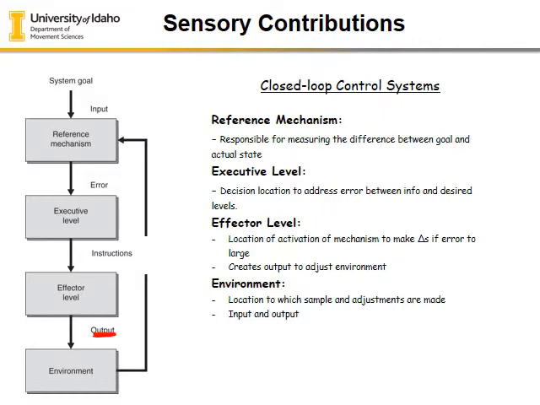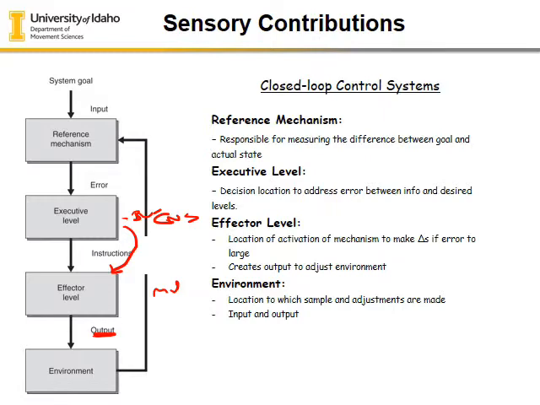So this executive level is producing this blueprint that is going to the effector level. Think about the effector level as your motor units. The executive level is the higher order, so think about this as the CNS. Think about the motor units, the motor neurons generating the input signal and the activations and the magnitudes going to the muscles.